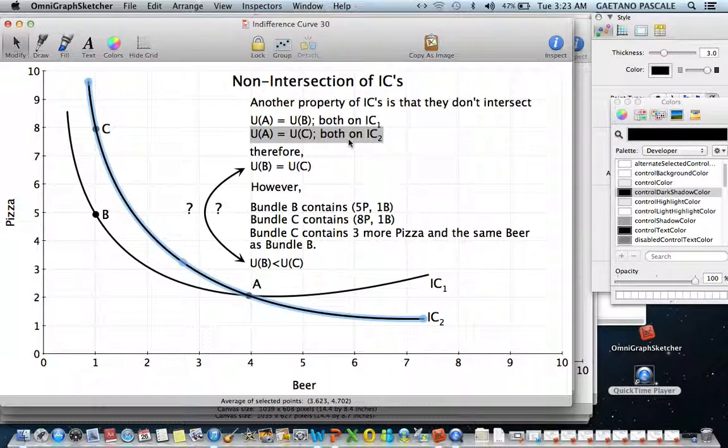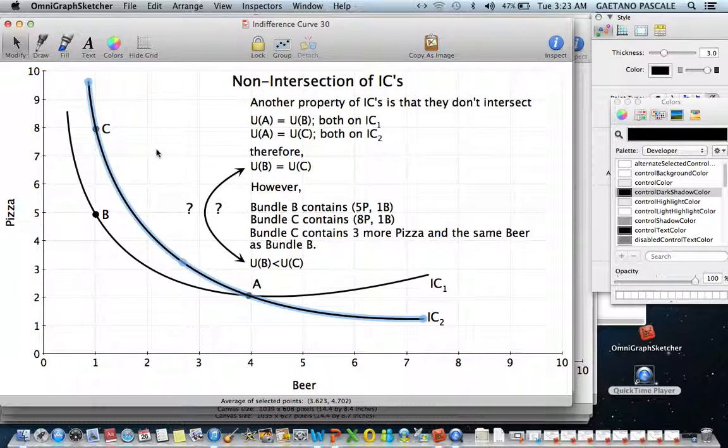Since A and C are on the same indifference curve, they should give you the same level of utility. Well, if the utility of A is equal to the utility of B and the utility of A is equal to the utility of C, that tells me that the utility of B is equal to the utility of C. However, there's a problem with this. Bundle B contains 5 pizzas and 1 beer, while Bundle C contains 8 pizzas and 1 beer.